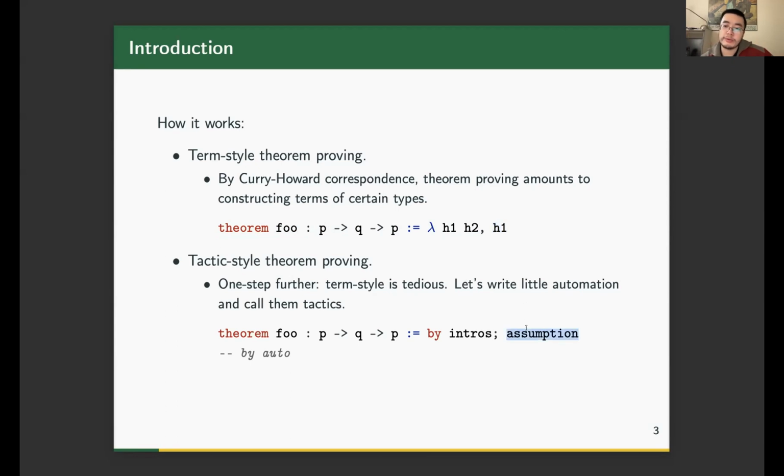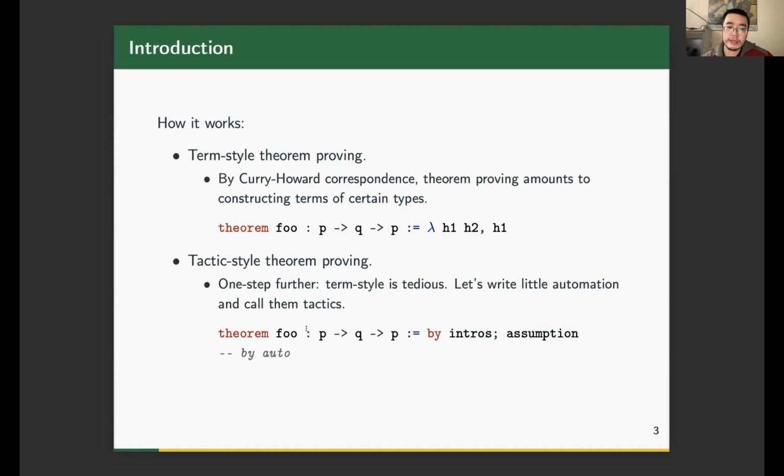You can write a simple program that automatically looks into the context and finds one that matches the return type. So you don't have to fill in by hand. This is another tactic which we call assumption. It basically looks at what we've introduced and tries to find one assumption that matches the conclusion. So this is what we call the tactic style theorem proving.